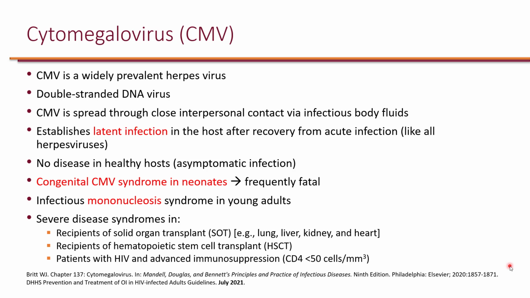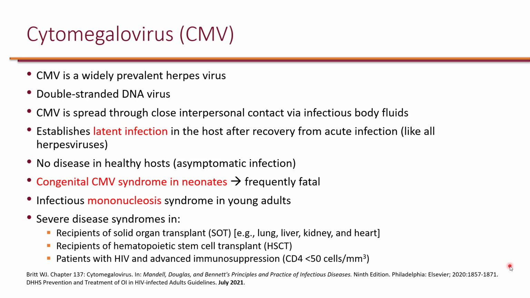When somebody gets infected by CMV, it establishes latent infection in the host after recovery, just like all other herpes viruses. And pretty much more than half of the population is infected with CMV. Fortunately, there is no disease in healthy hosts, so it's pretty much an asymptomatic infection in healthy individuals.